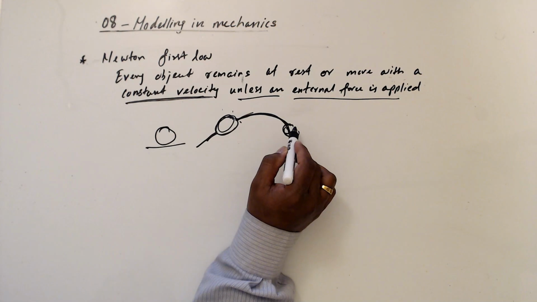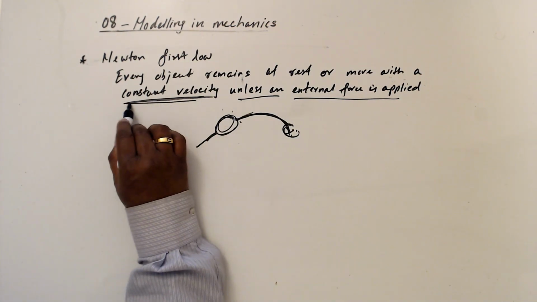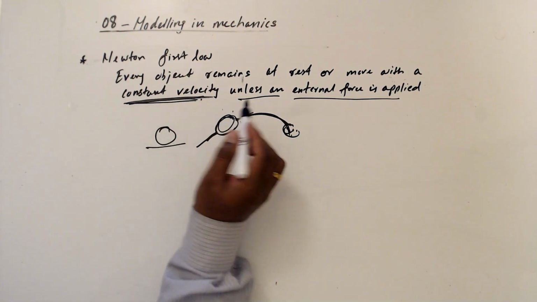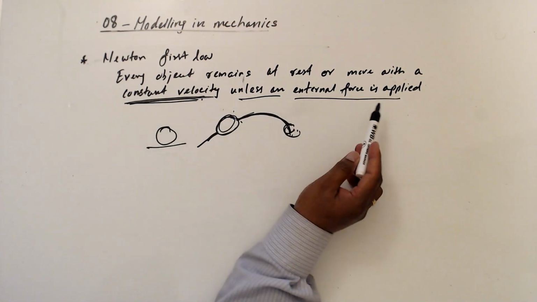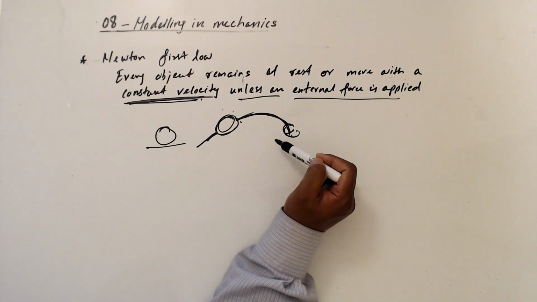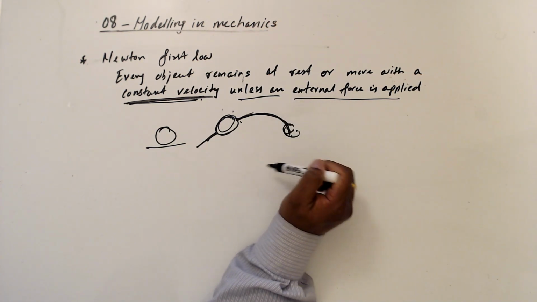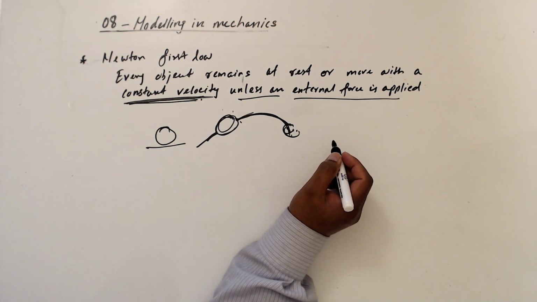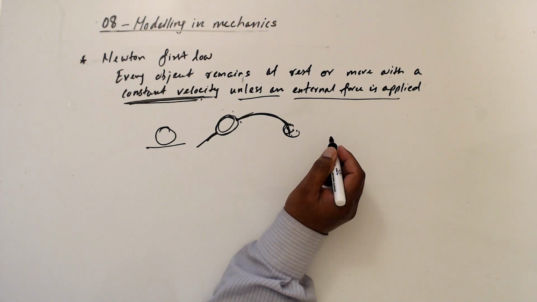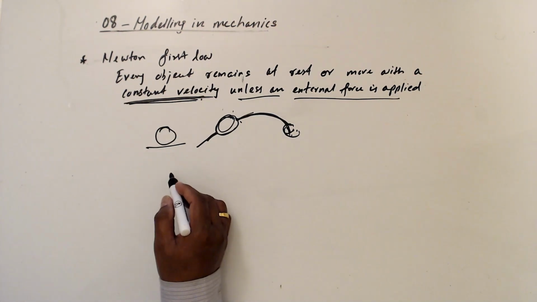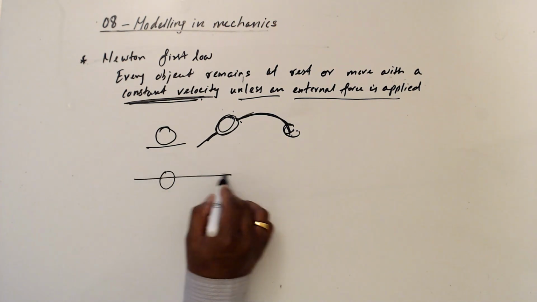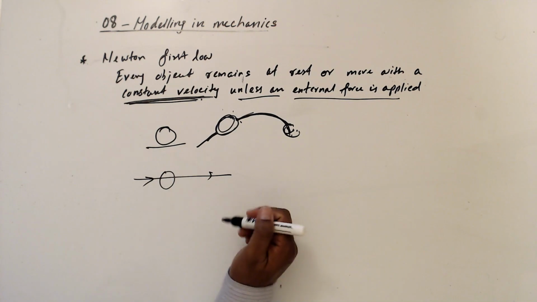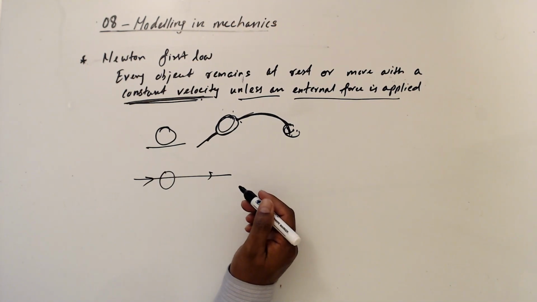But if there is no external force acting on a moving object, then it keeps that constant velocity. The best example is that we can't find anything moving with a constant velocity in day-to-day life in our nature because of air resistance and the gravitational force.